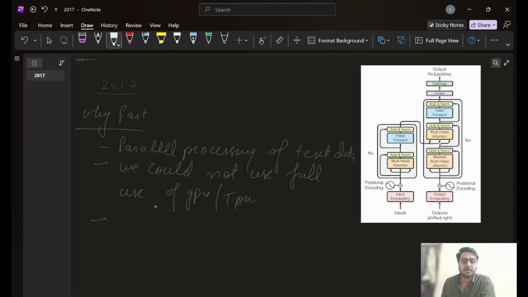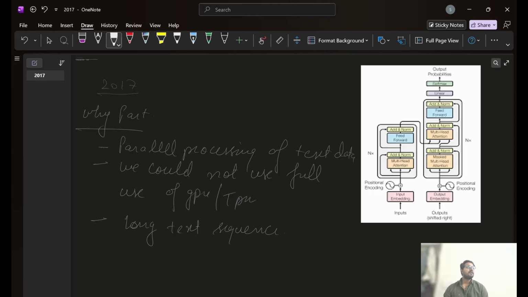There was no model available that could leverage the full power of GPUs and TPUs. And the next one is there was no model available that could handle long text sequences. To solve these three problems, this architecture came.